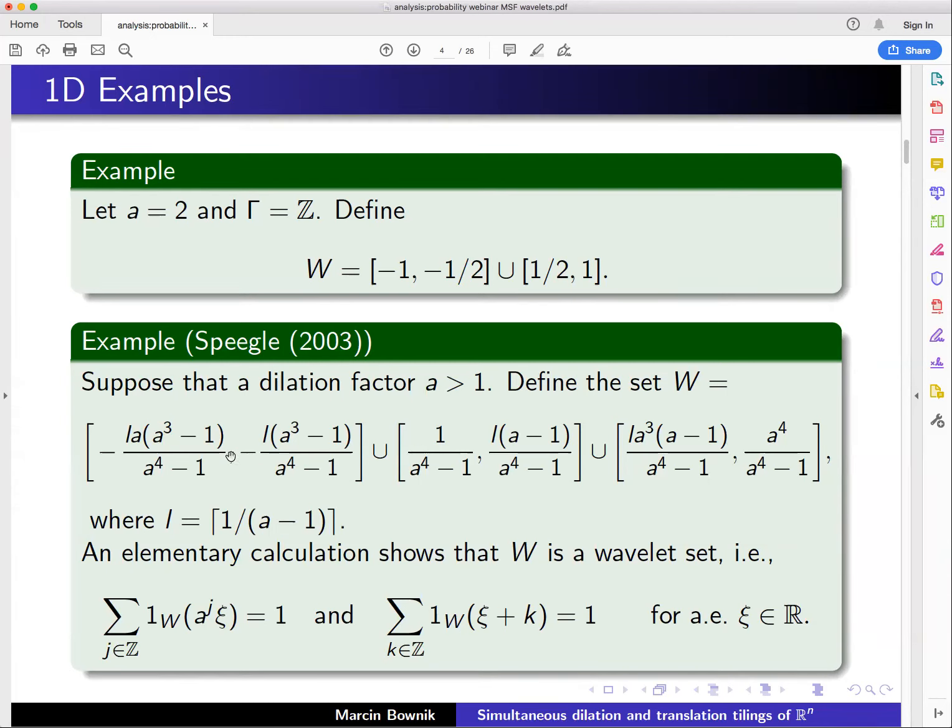You need to make some calculations, not immediate, but elementary, that will show you that when you take dilates of the set W, the other way to say this is when you take the trajectory of psi under powers of A, this characteristic function adds up to 1. And when you take the characteristic function of W and translate by integers, you also get 1. That's rather elementary.